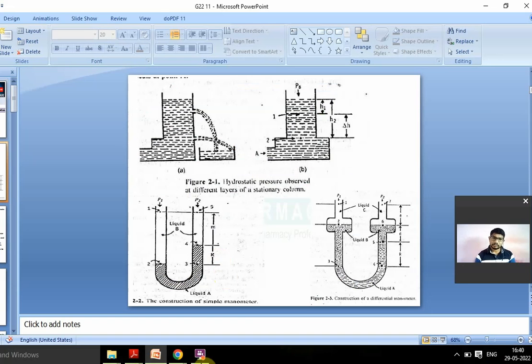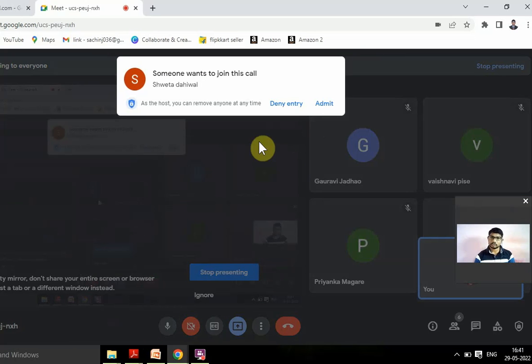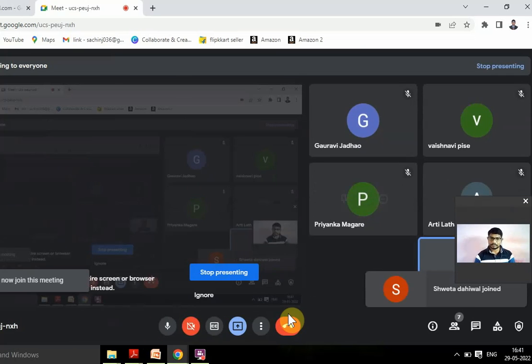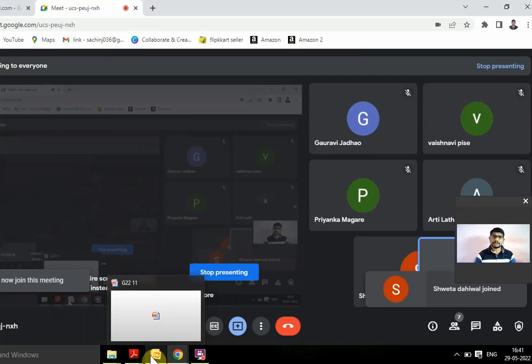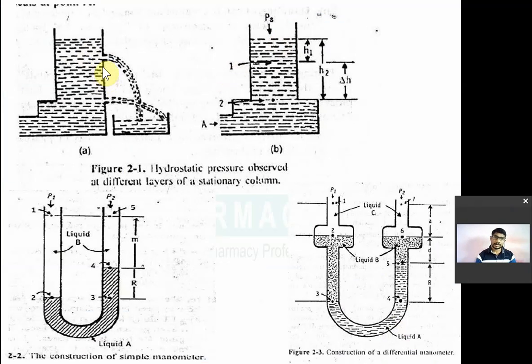The liquid at point number one will have a different pressure, and the liquid at point number two will have a different pressure, due to the difference in the height where they are placed. At this point the liquid will experience a slightly different pressure, and at this point the liquid will experience a different pressure. That's why the liquid coming out from this point and this point will have a different pressure.